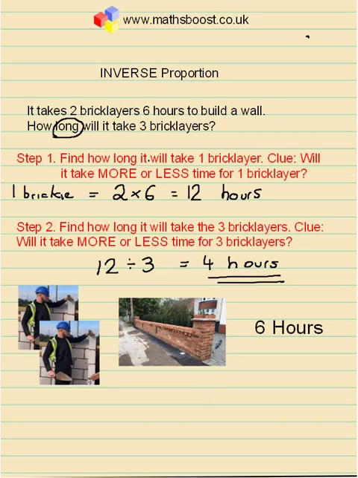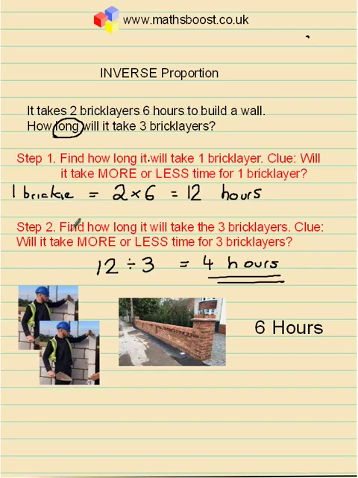So this can be a bit tricky to get your head around, and that's why I've made a video. So you can watch this video as many times as you need. And also I would say, whenever you encounter a problem with inverse proportion, you are going to carry out step 1 to find out how much it will take 1 person, in this case it's a bricklayer, and that will be a multiplication, but I want you to understand why.